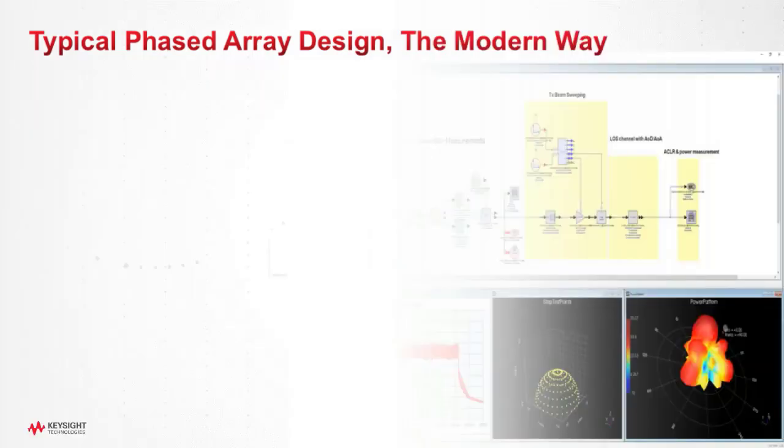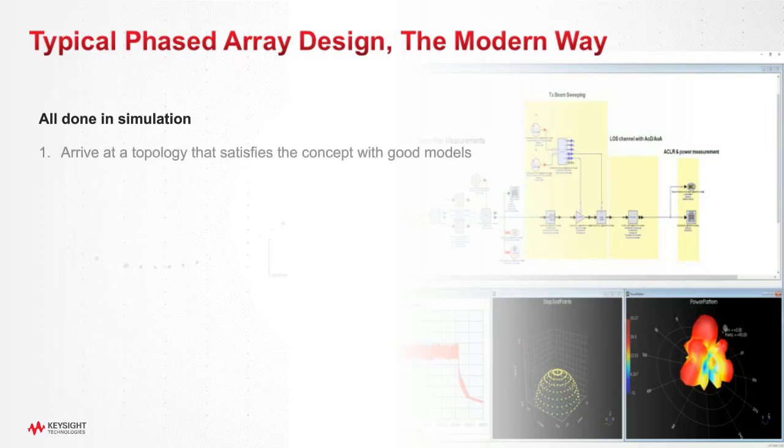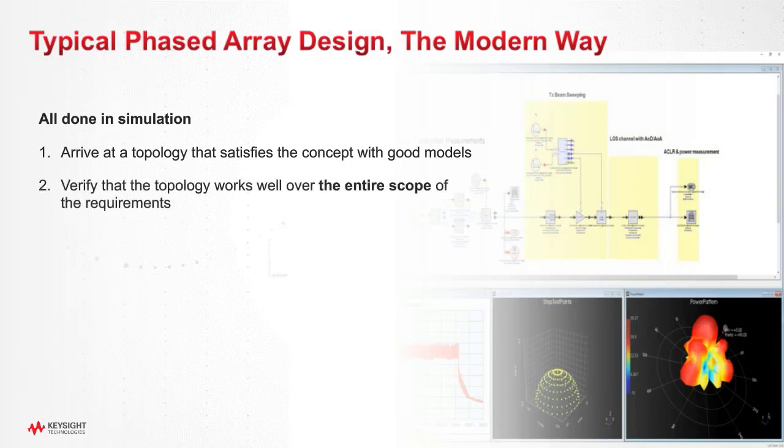So as we said, we have to change the methodology. In the new modern method, we do everything in simulation. We arrive at a topology that satisfies, and we start with very good models to begin with. And then we verify the topology by exploring the entire scope of requirements, the entire design space.